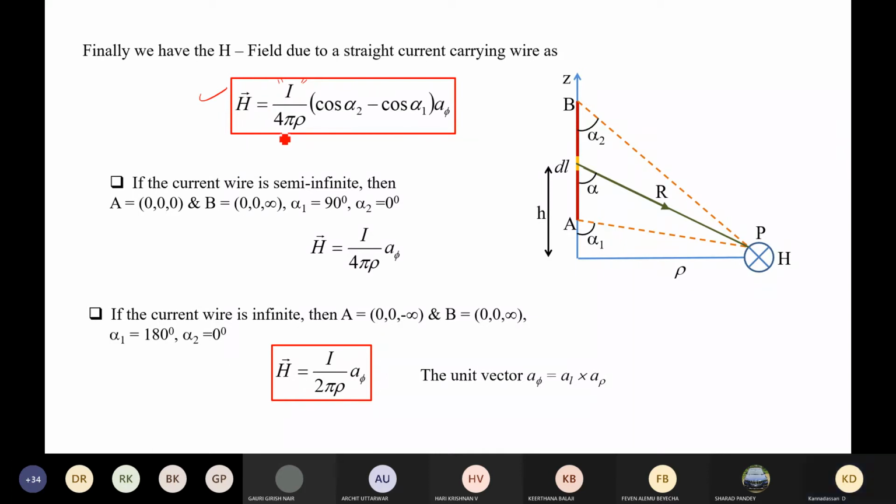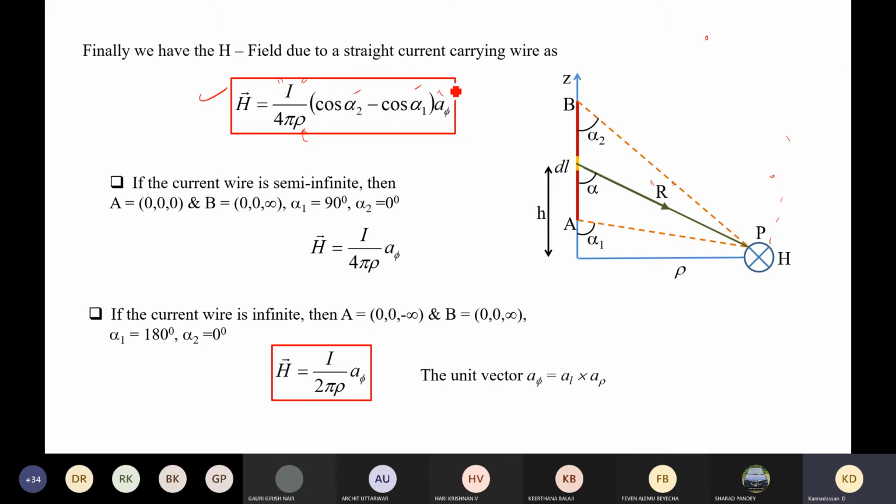And then this 4 pi rho: rho is nothing but the vectorial distance of the particular point from the line, so that also largely affects the magnetic field. At the same time, it matters where the point is located. If it is somewhere else around here, or exactly perpendicular, that is going to change the so-called R vector. Therefore that ultimately affects alpha 2 and alpha 1.